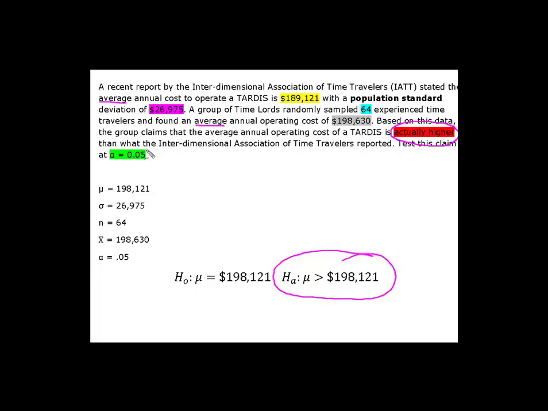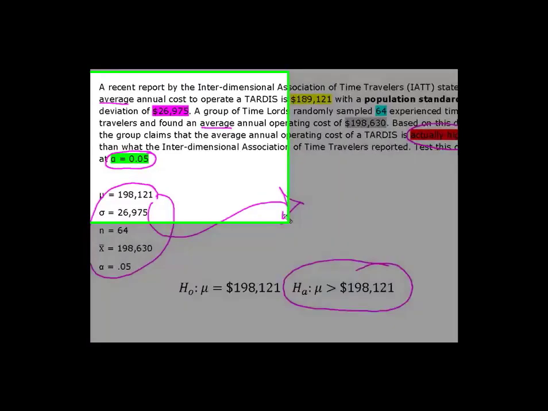And we knew that we were going to test at an alpha equal to 0.05. So we're going to take this information right here. We're going to zoom over to Minitab, and we're going to take a look at how we can calculate a p-value and then test this hypothesis.